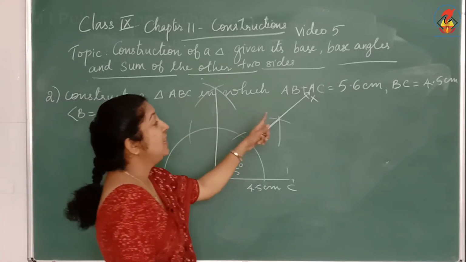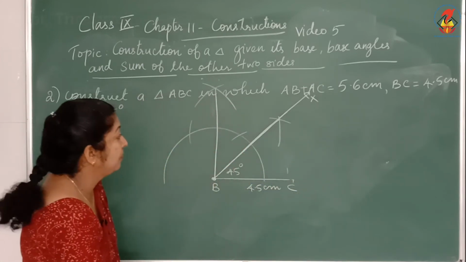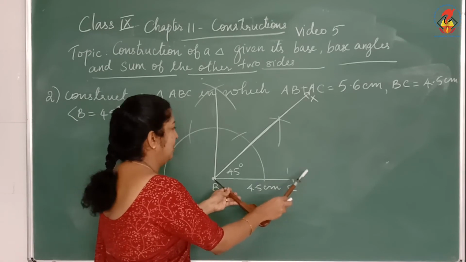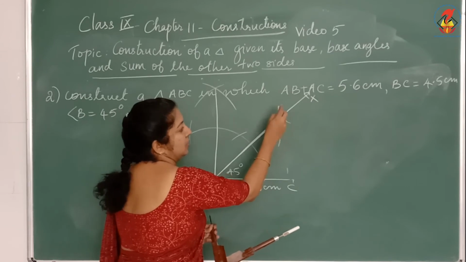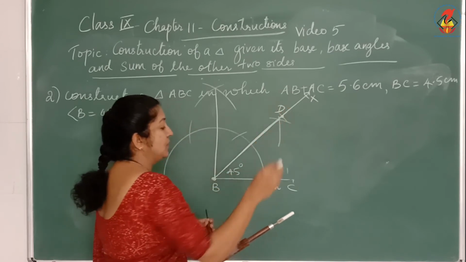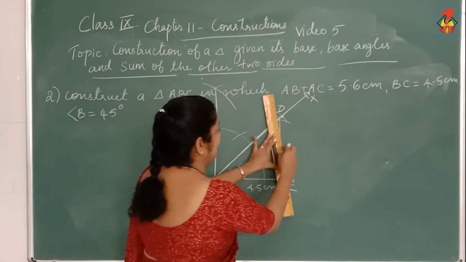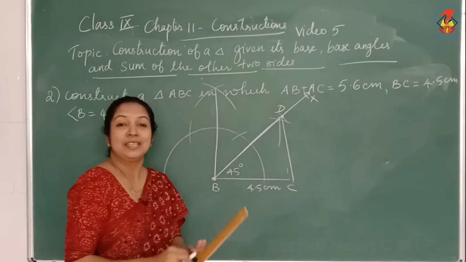So what is the next step? We have to mark D, which is 5.6 centimeter away from this B. This is 4.5 I have taken. So I am marking here, and I am marking D here. What's the next step? Join D and C. Then what's the next step?